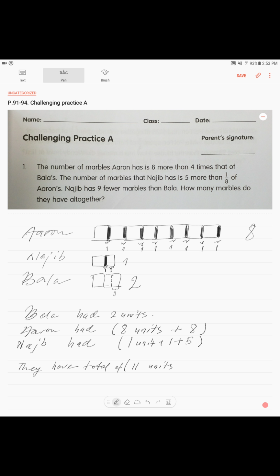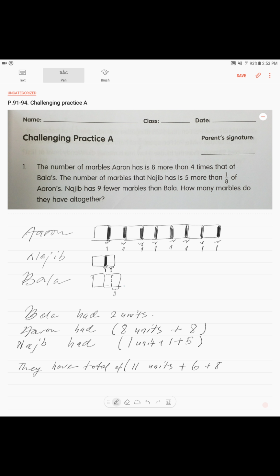Together, 11 units. This is how we get our 11 units. And what are the extras? We have extras here: 1 plus 5, 6. We have extras here, all ones, it's going to be 8. And we have our extra here.